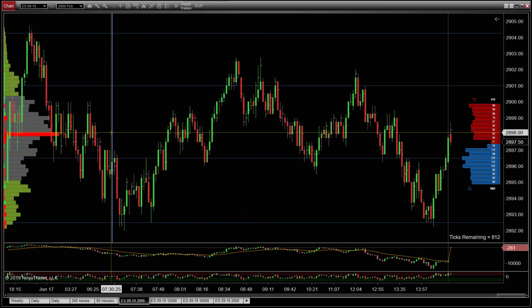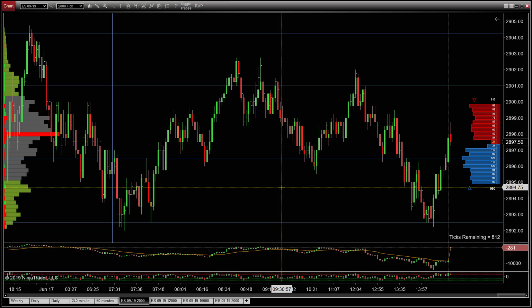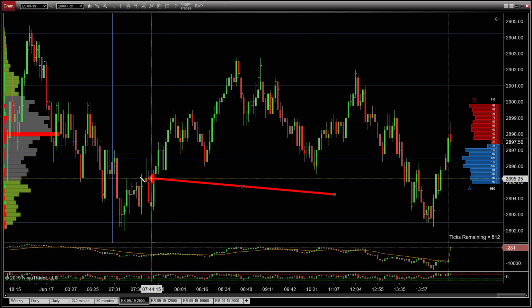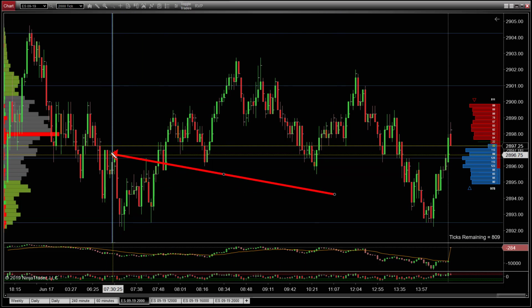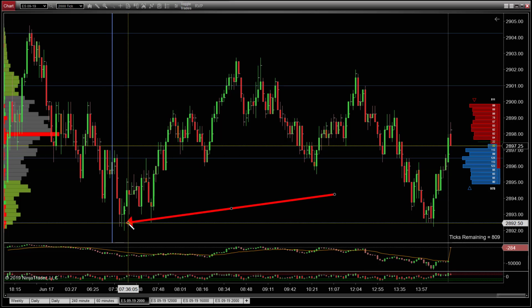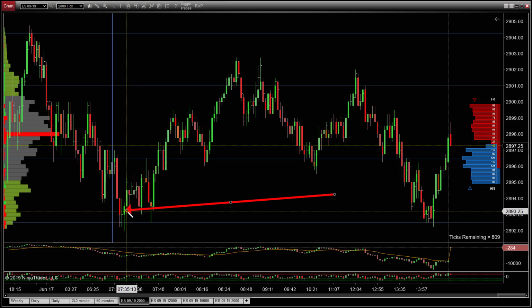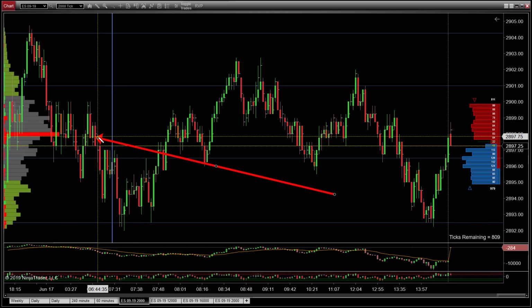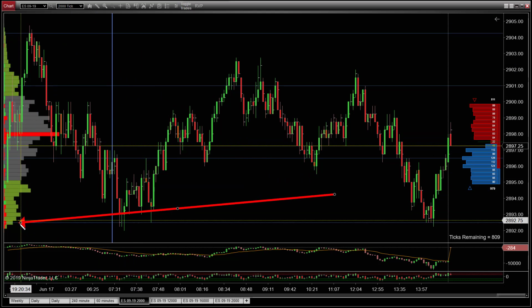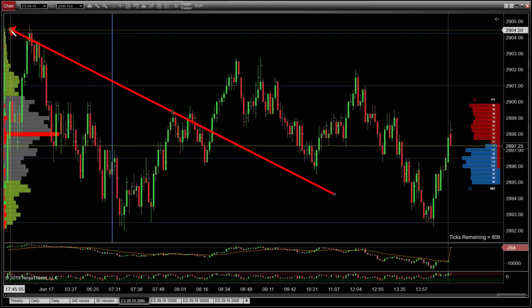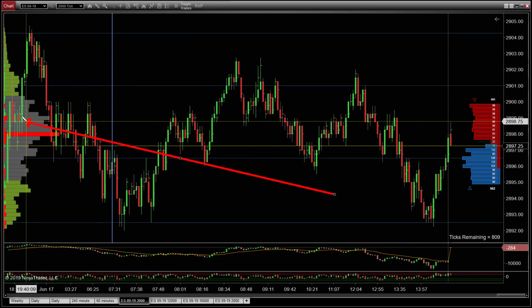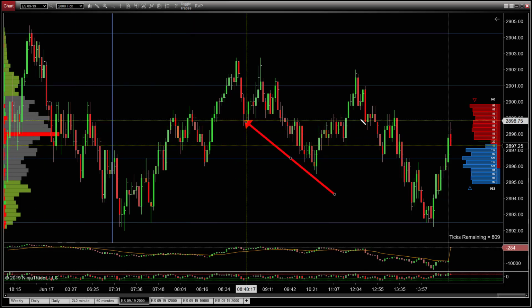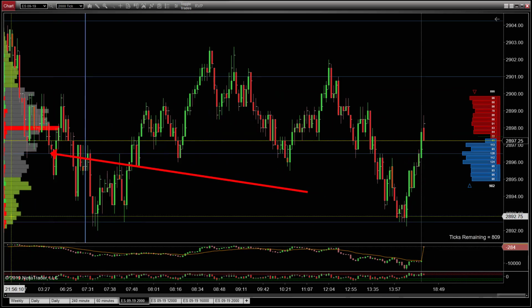So here's the open of the market right here at 7:30 for me. This was the 92 area that we just looked at. If you look at this profile here, this is basically showing you all the volume on the chart from end to end. And that's all that this profile is.